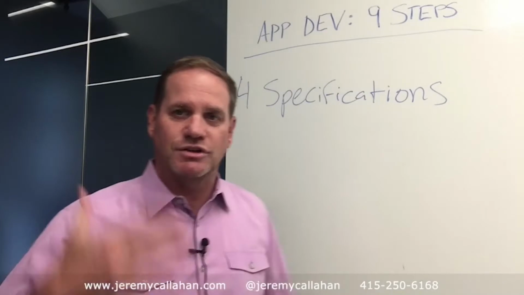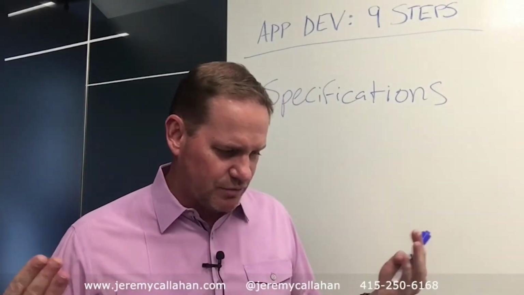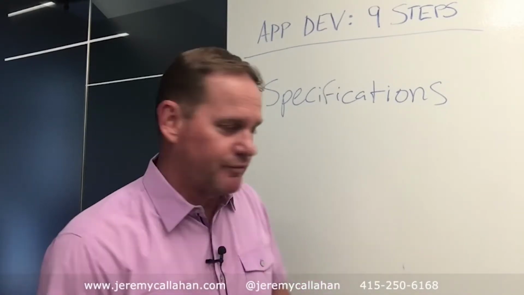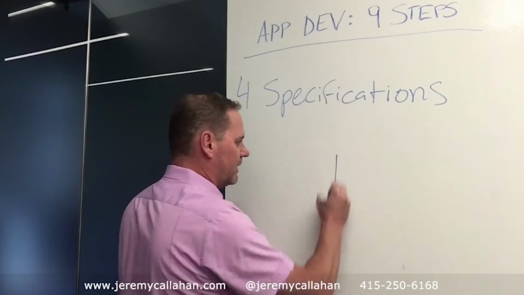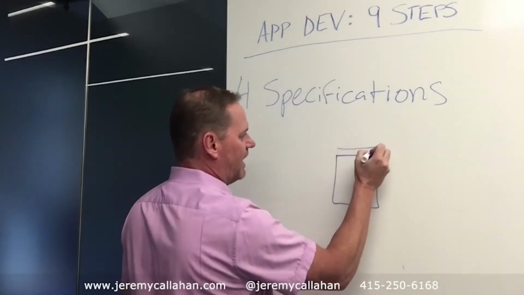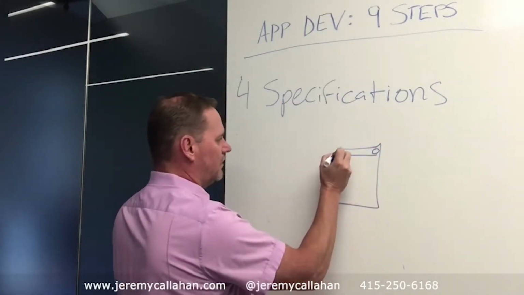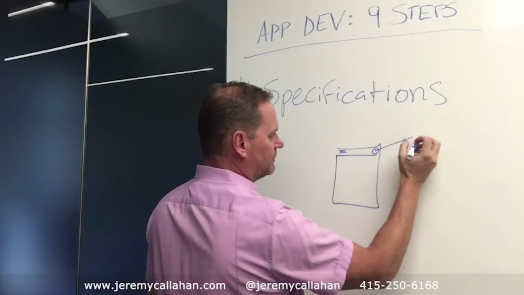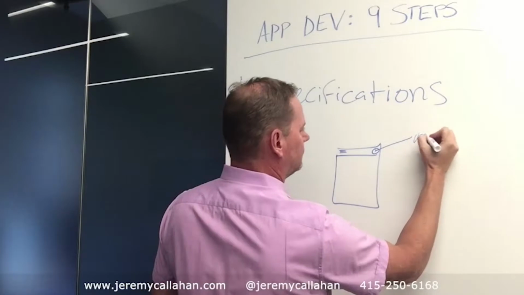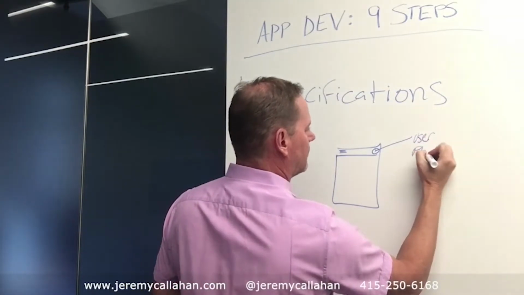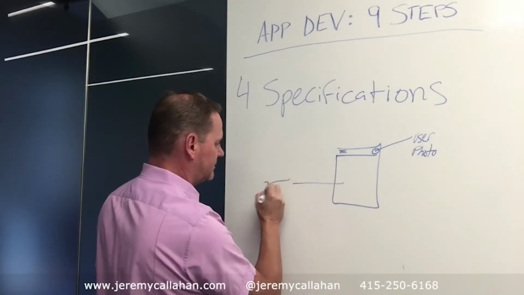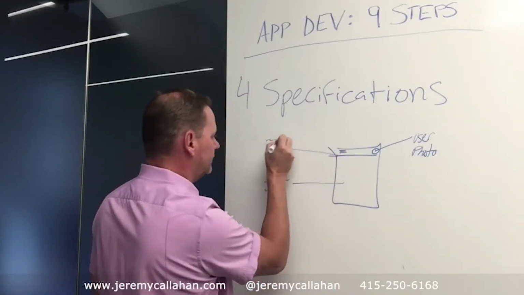Okay, so a specification is just a document, and it's going to tell you everything that the app actually does. So for instance, on the top of the app could be a header, there could be a button, or we'll say that's an image of the user. So we would just go like this, user photo, right? And then we would just have arrows and then text of what all these elements do.